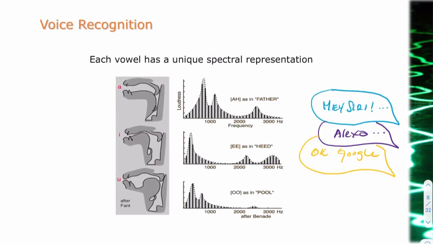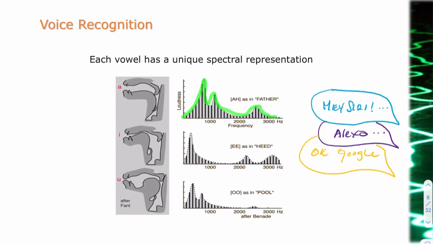So for example, for voice recognition, here what's being shown is a frequency domain representation. So the horizontal axis here is frequency. And we have some different vocalizations, different sounds. You have the ah, e, and oo. And these sounds look very different when you plot the spectrum. So look at this.